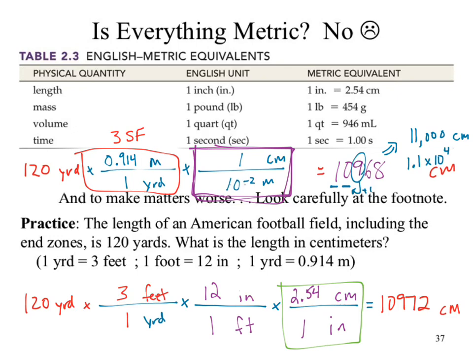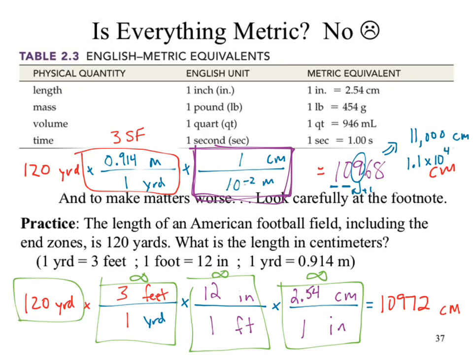That one is defined, which means 2.54 centimeters to 1 inch is infinite. 12 inches to 1 foot, infinite. 3 feet to 1 yard, infinite. 120 yards, 2 sig figs. My answer will come out to be 11,000 centimeters. Doesn't matter which way I calculate it, I get the exact same answer.